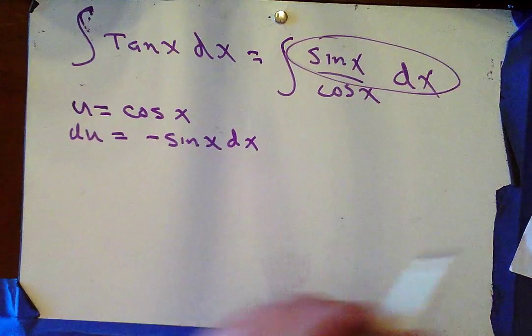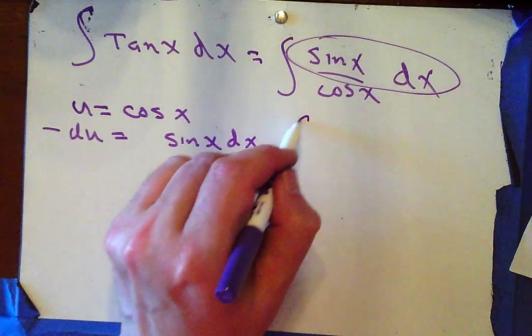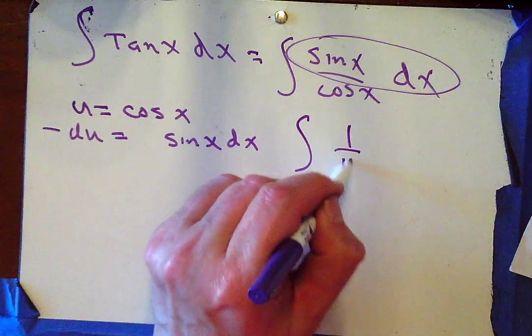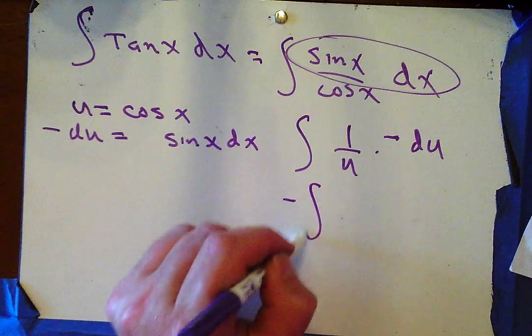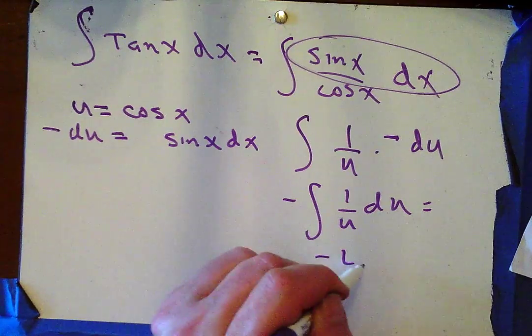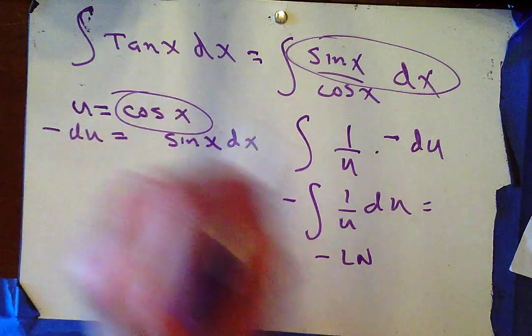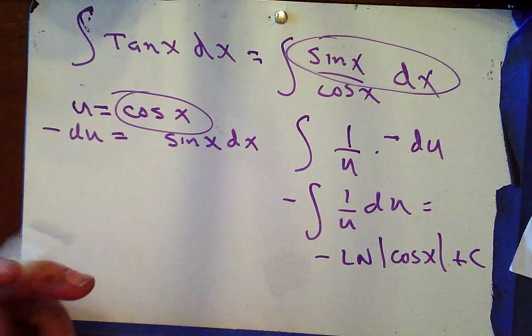Since I only have a sine x dx here, let's make that negative du. So this can be rewritten as 1 over u negative du, or negative 1 over u du, which is negative ln of u plus c. Okie doke.